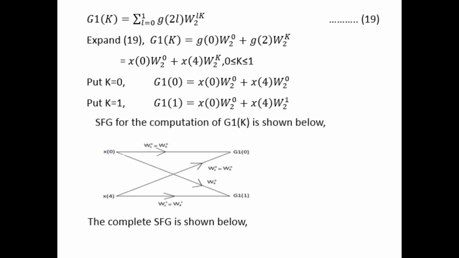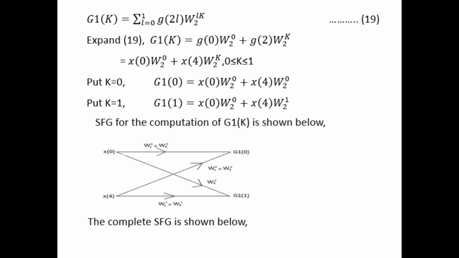We can call it as equation number 19. Expanding equation number 19, we get g1 of k is equal to g of 0 into omega 2 of 0 plus g of 2 into omega 2 of k, which is equal to x of 0 into omega 2 of 0 plus x of 4 into omega 2 of k, where k varies between 0 to 1.